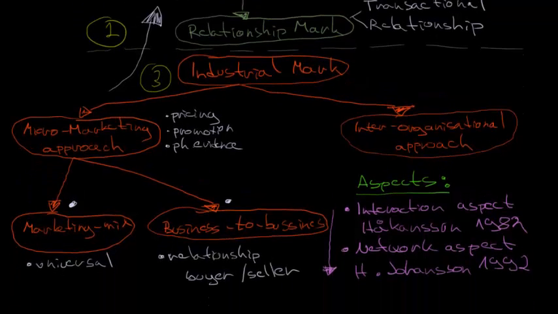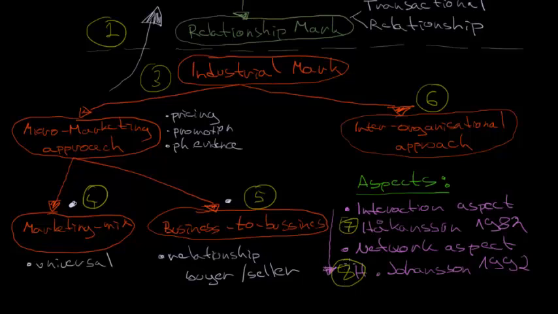Then we will move to the subtopics of the marketing mix and business-to-business approach. Then we will describe an interorganizational approach as the last point of our theory. And in the last two videos, we are going to talk about two most concrete aspects. So hopefully see you in next videos.